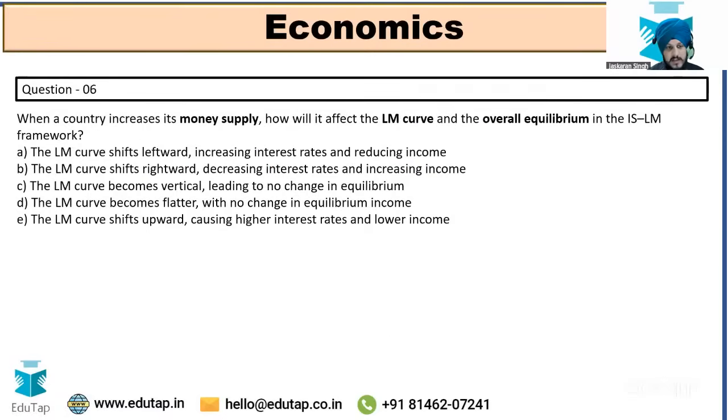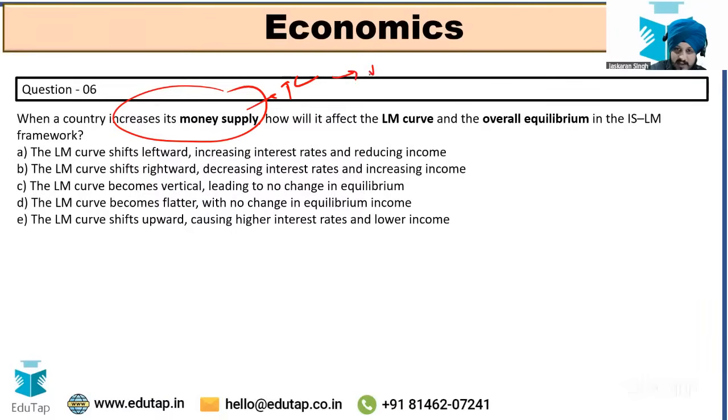Now, question number 6: when a country increases its money supply, how will it affect the LM curve and the overall equilibrium in the IS-LM framework, right? We know that when the money supply increases, what is the impact on liquidity? Of course, there will be more liquidity in the market. When there is more liquidity in the market, what is going to be the impact on the interest rate?